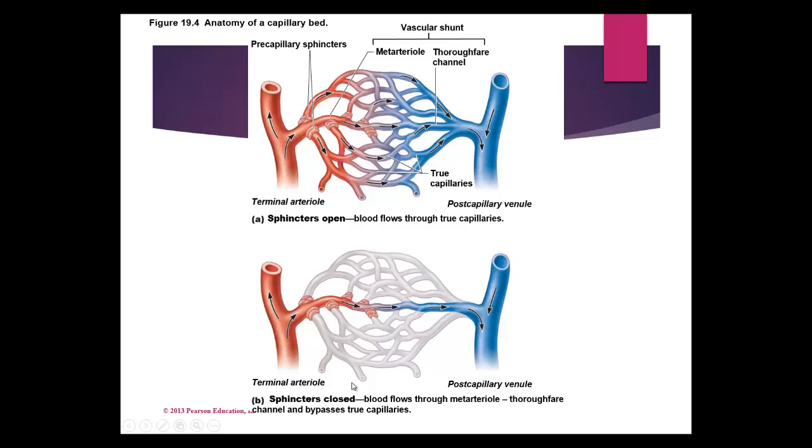So the tissues of the digestive tract here would not receive any blood at this time. Of course, this can't happen for a long period of time because the cells of the digestive tract would die, but we do see the ability to bypass a capillary bed if the needs of the body are changing and that particular tissue doesn't need a big blood supply at the time.